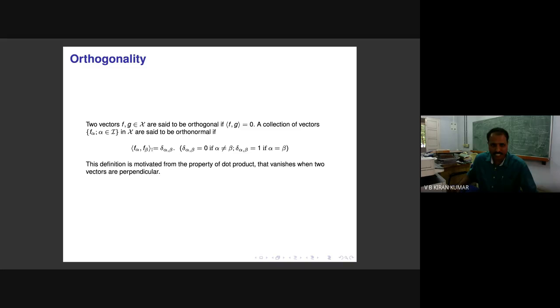What do you mean by this? The inner product of f alpha with f alpha will be 1, and f alpha with f beta will be 0 if alpha is not equal to beta. That means they are orthogonal to each other and their norm is 1. That is the meaning of an orthonormal set.